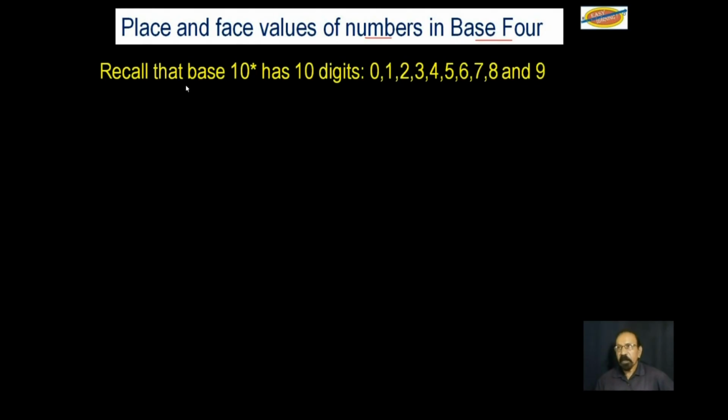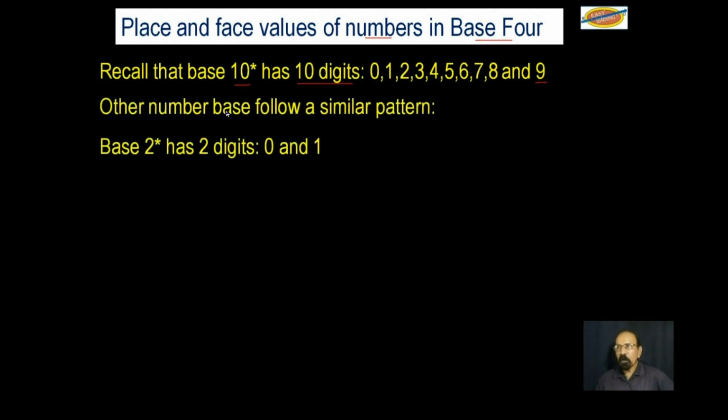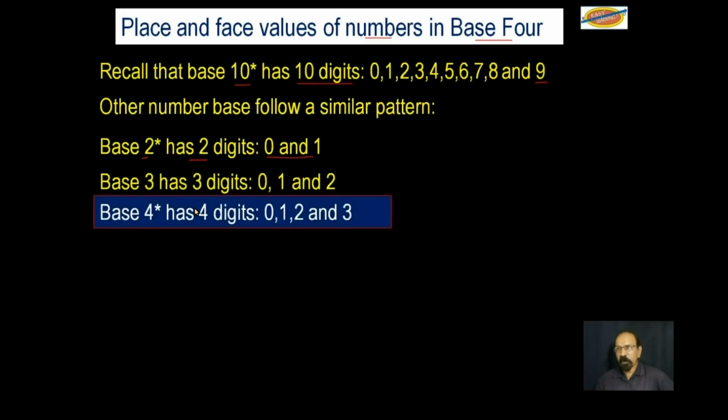Recall we said that base 10 has 10 digits, 0 to 9. All other bases follow a similar pattern. Base 2 has 2 digits, 0 to 1. Base 3, base 4, which is the one we are doing now, has 4 digits, 0, 1, 2, and 3. Notice 4 is not a digit in base 4. Base 5, same pattern.